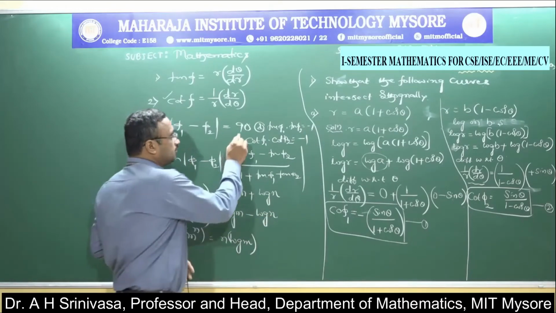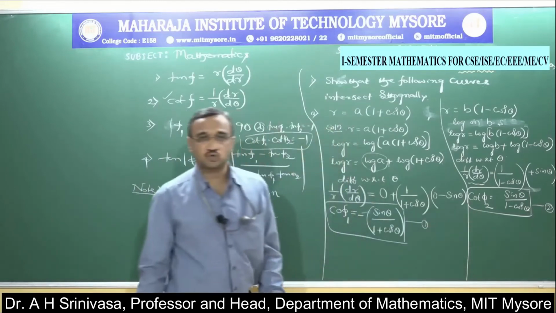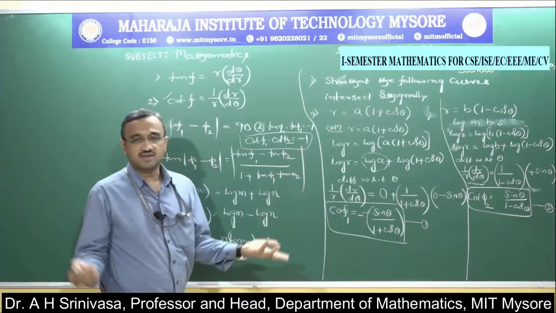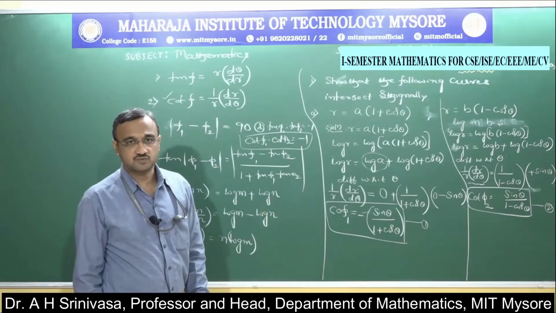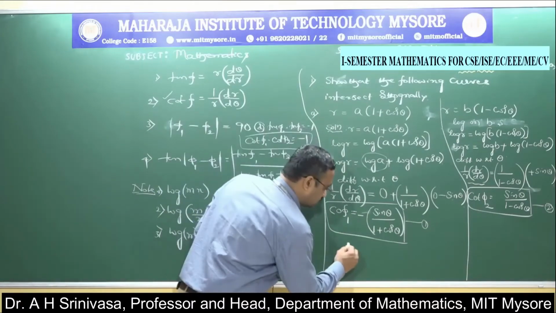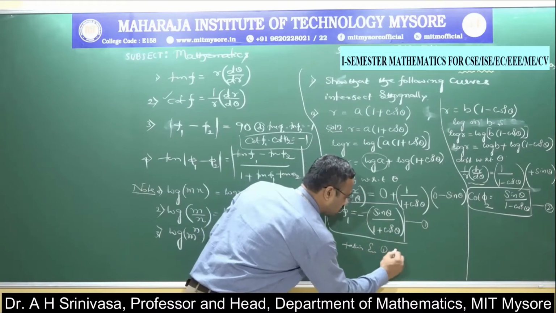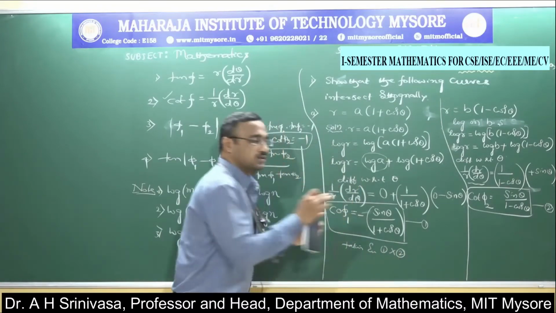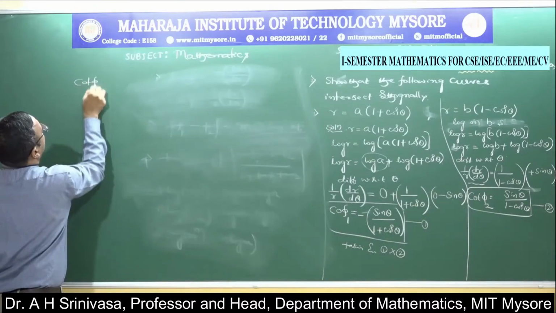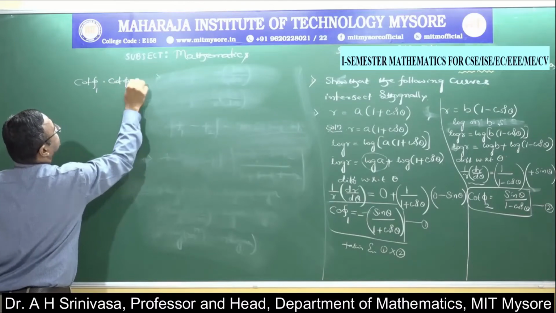So now I am going to show this one. Make a product of these two, equation 1 and 2. If the product of equation 1 and 2 is minus 1, they intersect orthogonally. So now take the product of 1 into 2, cot phi 1 into cot phi 2.